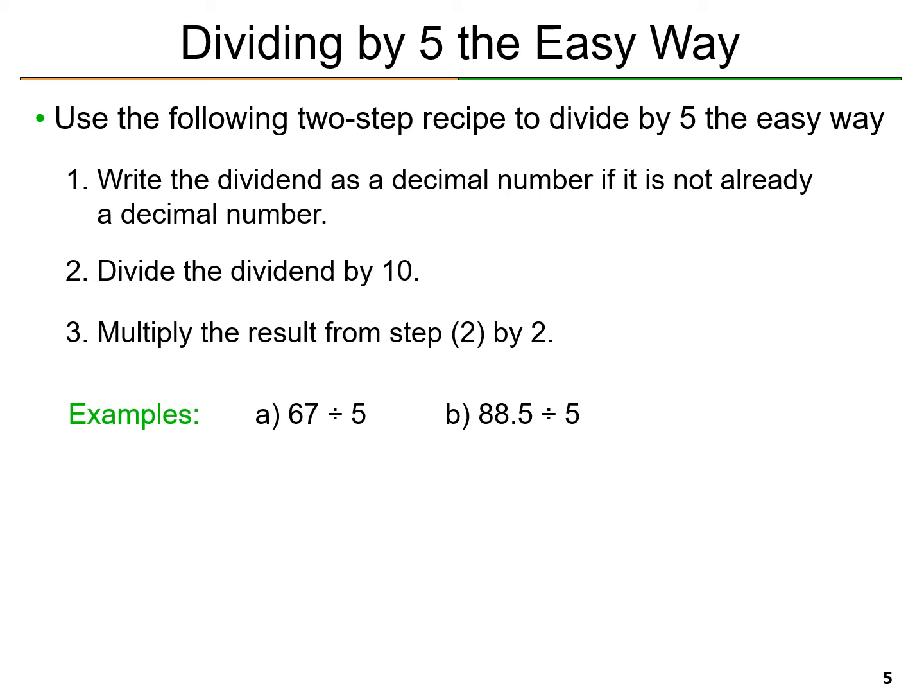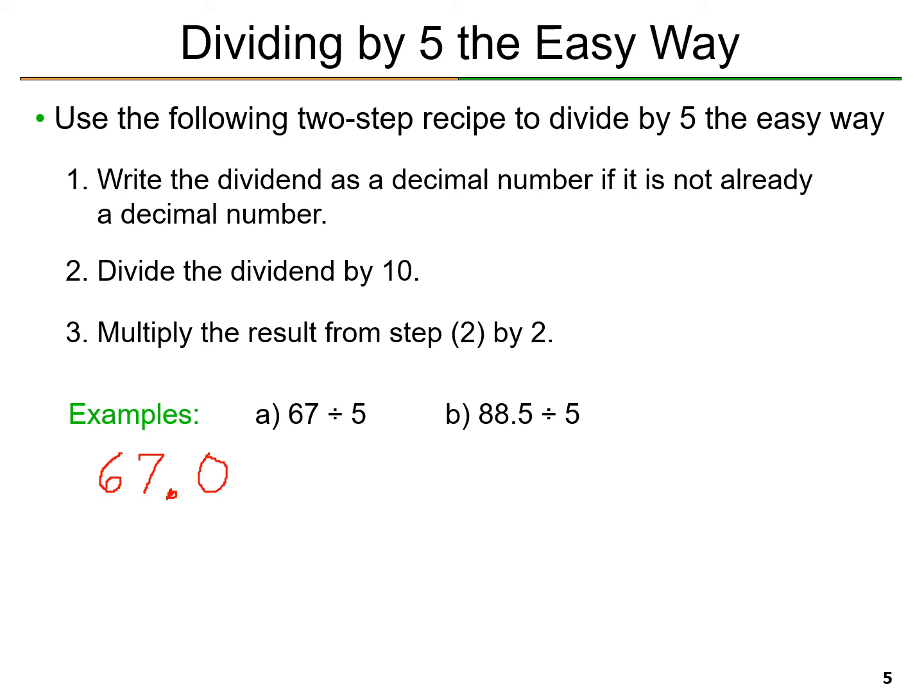Let's work these 2 examples. Okay, 67 divided by 5. In step 1, it says write the dividend as a decimal number if it's not already a decimal number. Certainly 67 is not a decimal number. Rewrite 67 as a decimal number as 67 with a decimal point, and we add a 0. And in step 2, divide the dividend by 10.